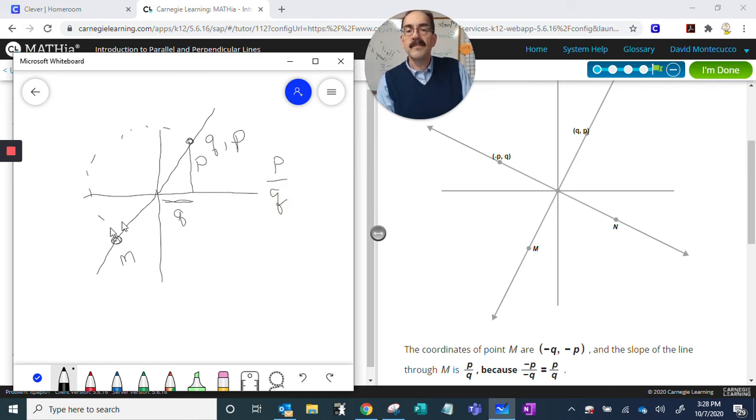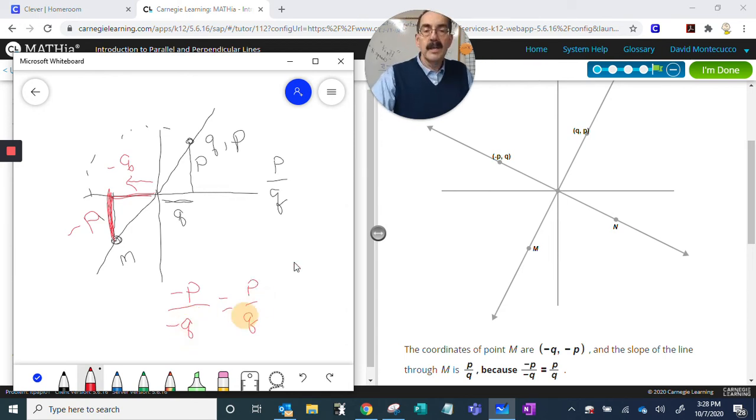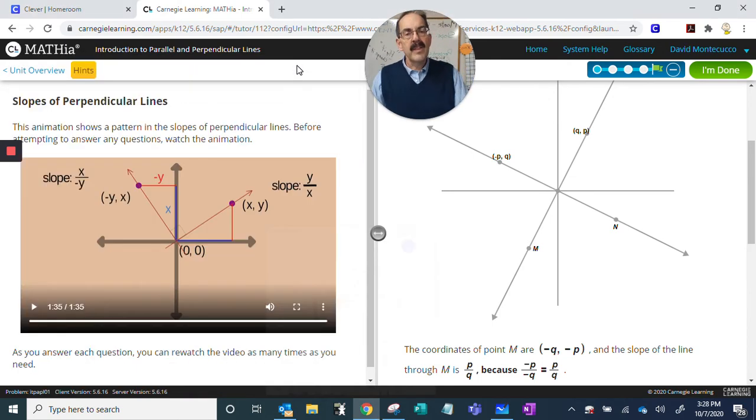Now, coming down, let's use red because it's down P, back Q, right? So the rise down, the run, negative over negative is a positive. That's how we got that, okay? Again, just click on it, try it. Think of it in the generic. This is like the generic term, right?